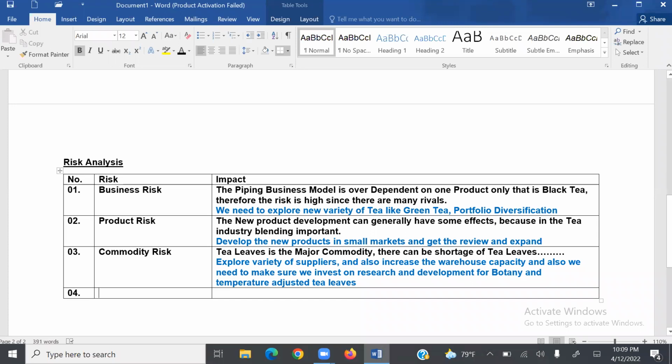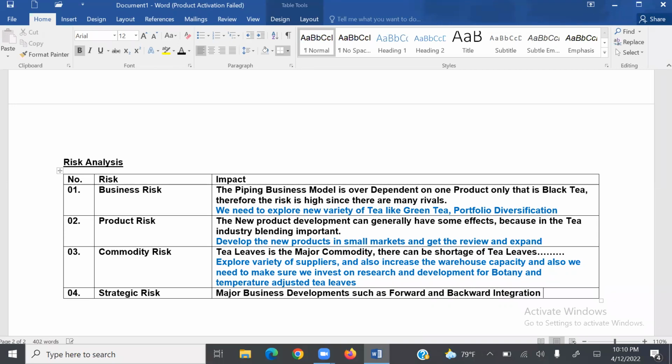So the next thing, students, after commodity risk, is the strategic risk, because there is a high chance of strategic risk. I'll write down here: major business developments, such as forward and backward integration.